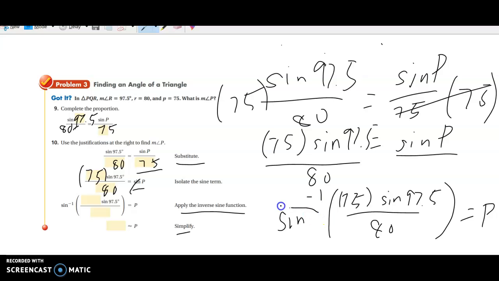So let's input these values here. This is still 75, this is still 80.